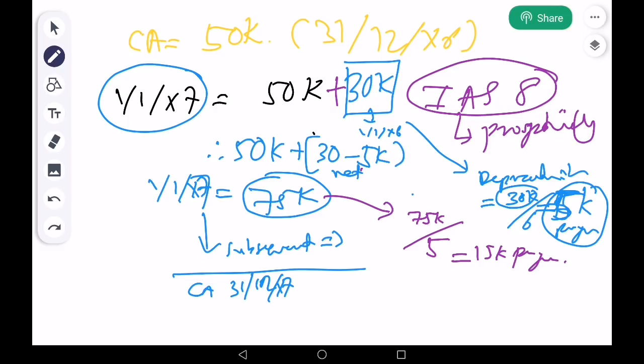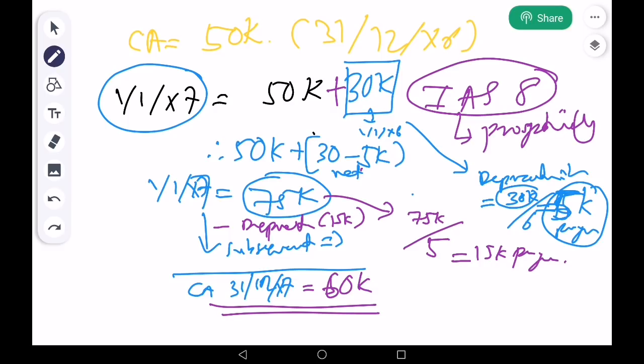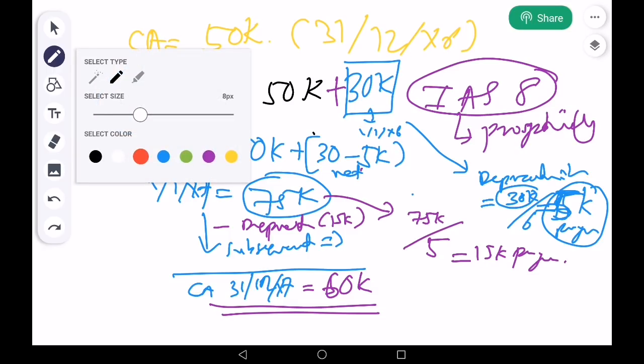75k divided by 5, you will get 15k per year. So your subsequent will be minus depreciation 15k, then you will get 60k, your carrying amount of the 31st December 2007. So can I know my total depreciation for 2007?